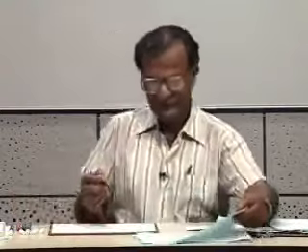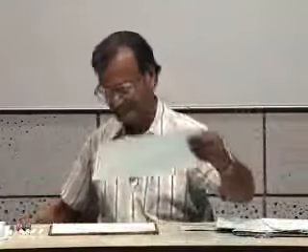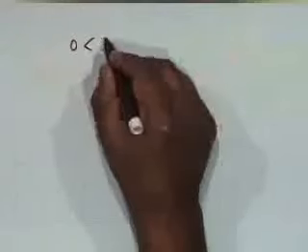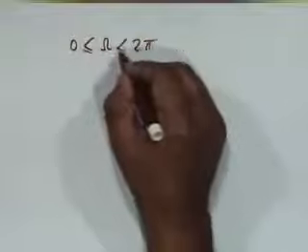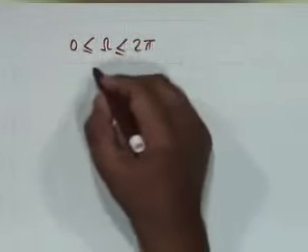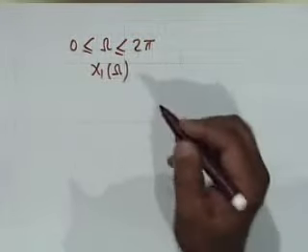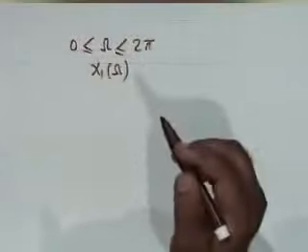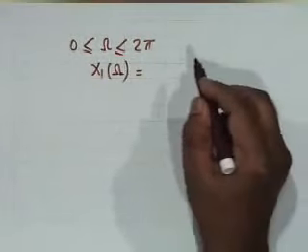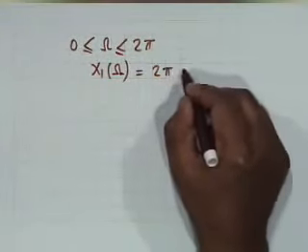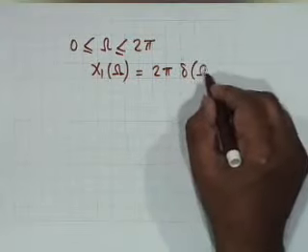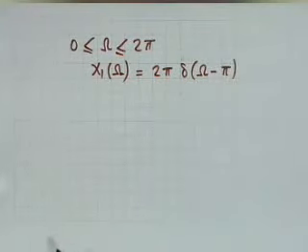So in the interval 0 less than omega less than 2 pi, this is the region over which we shall integrate. Capital X1 of omega is simply 2 pi delta omega minus pi.